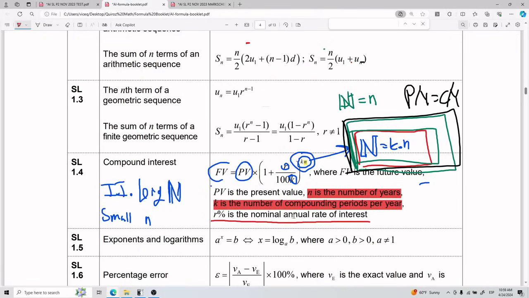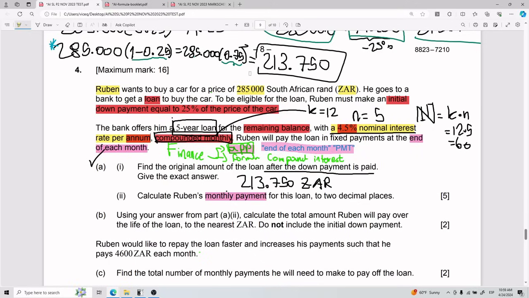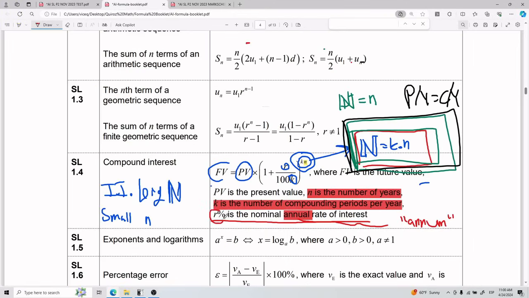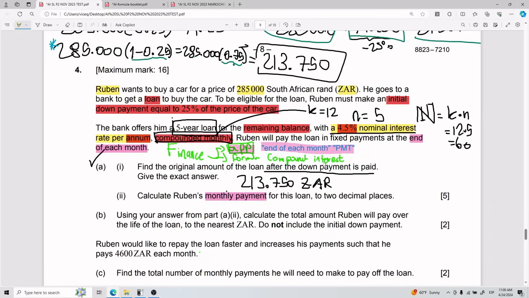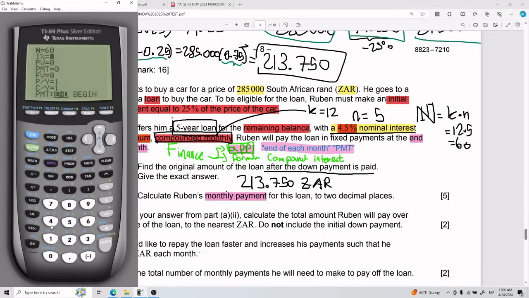Here it says annual interest rate. And so this annual interest rate is like the annum thing that for some reason on the test, they want to be mean with you and say per annum. Whatever, dude. 4.5% is the same R as this one, nominal annual interest rate, okay? So here I can put 4.5 as it is.